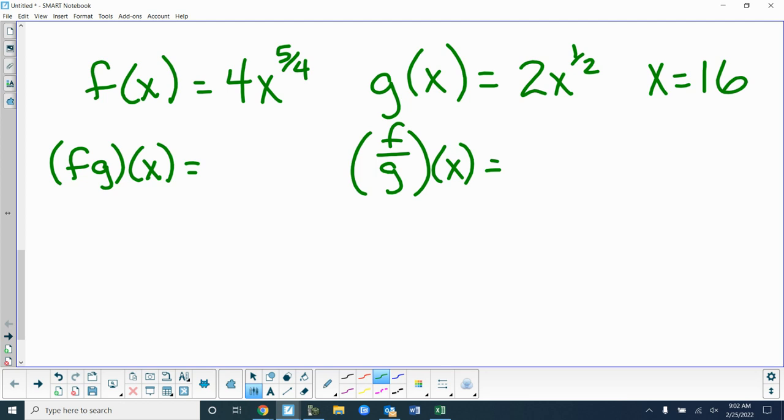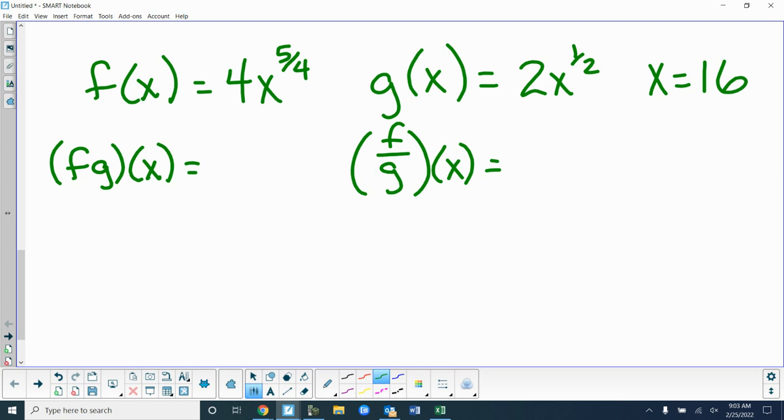Uh-oh. I don't know where to start. Multiply. Just the two together? Mhm. Add the half and the 5/4, multiply the 4 and the 2. 8. Right. 8. X to the what? 7/4. Yeah.